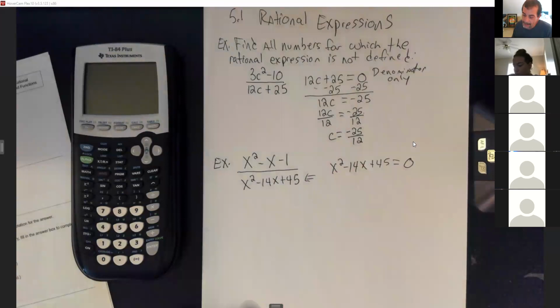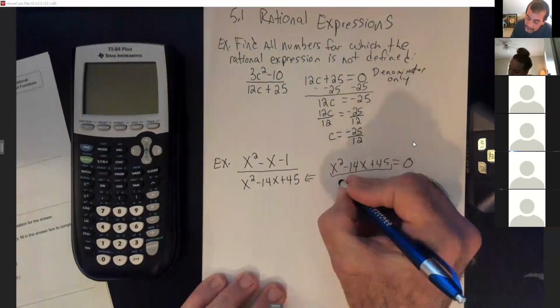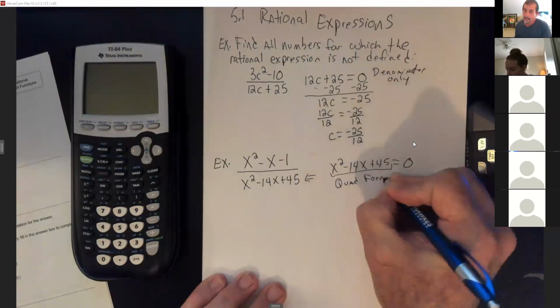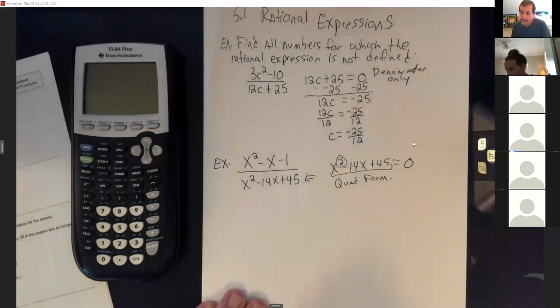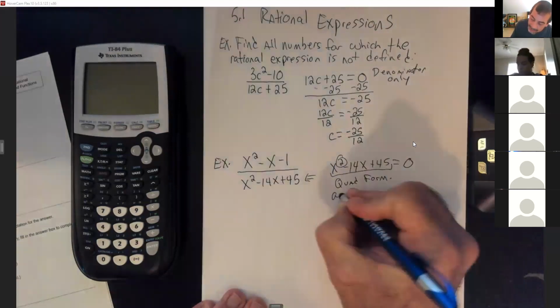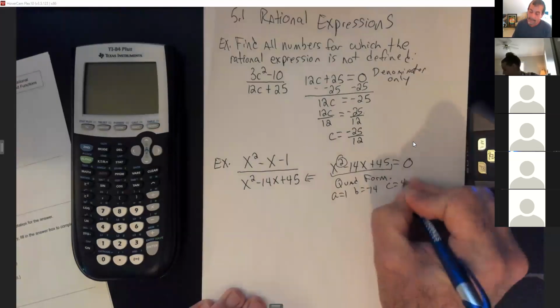Now, since y'all don't like factoring, since that's 3 terms, I'm going to use the quadratic formula. Anytime you got an x squared equation with 3 terms, you can use the quad. A will be 1, B will be negative 14, C will be 45.